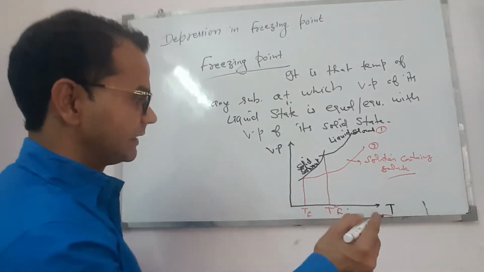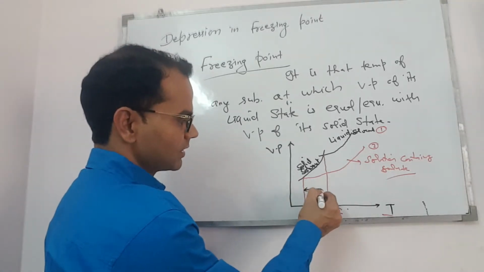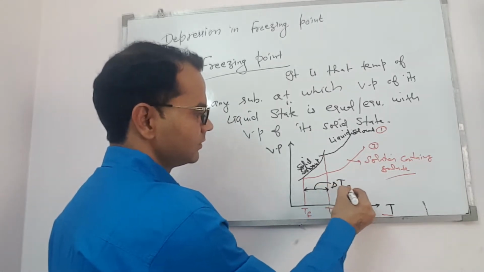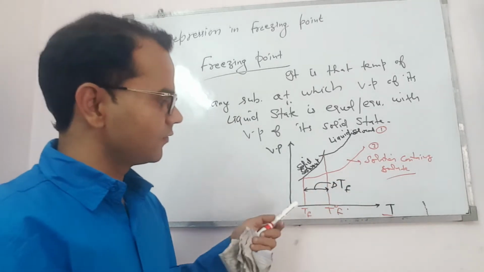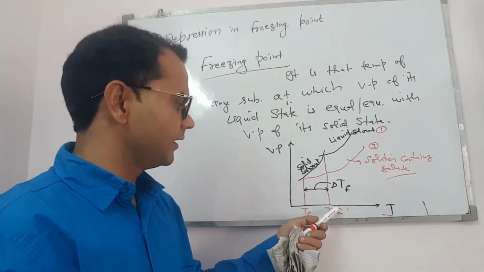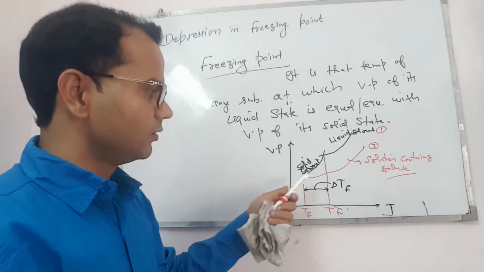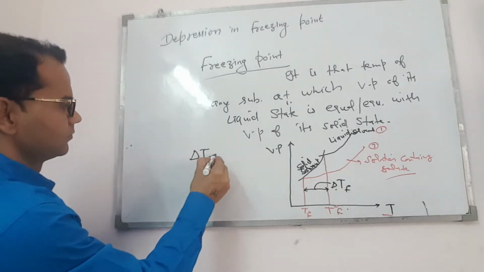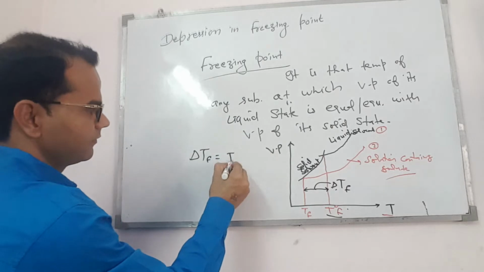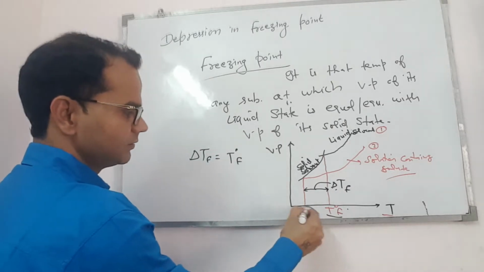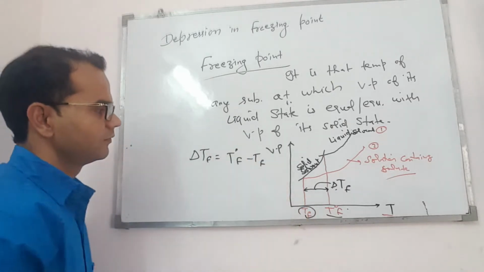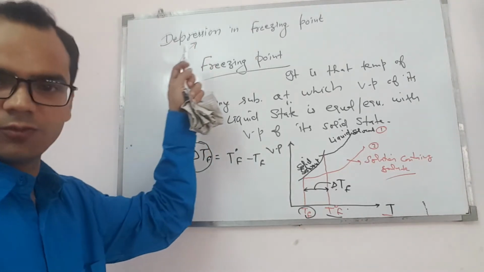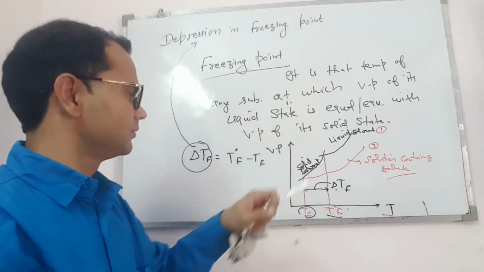So there is a decrease in the freezing point. This difference is delta TF. As we can see from the graph, T naught F is a higher value and TF is a lower value, so delta TF will be T naught F minus TF. This delta TF is the depression in freezing point of a solution.